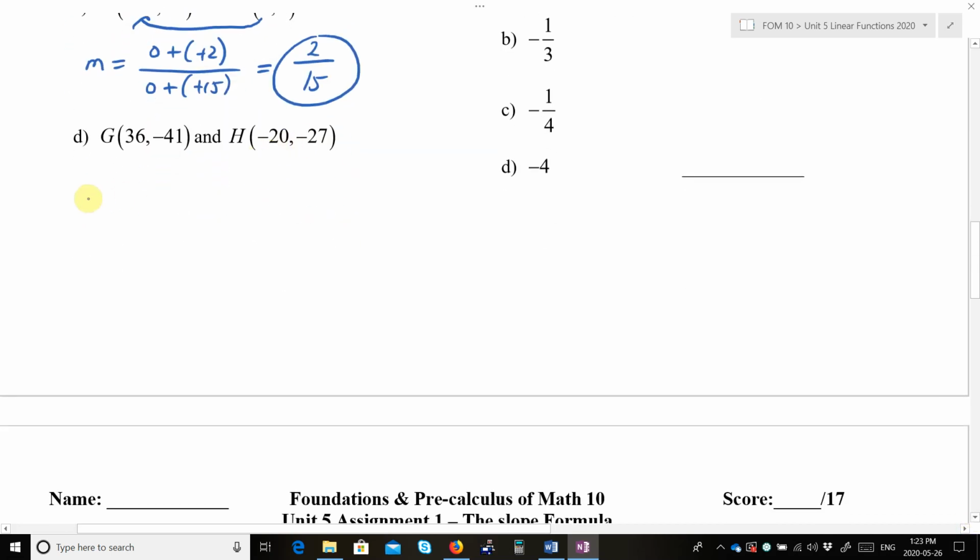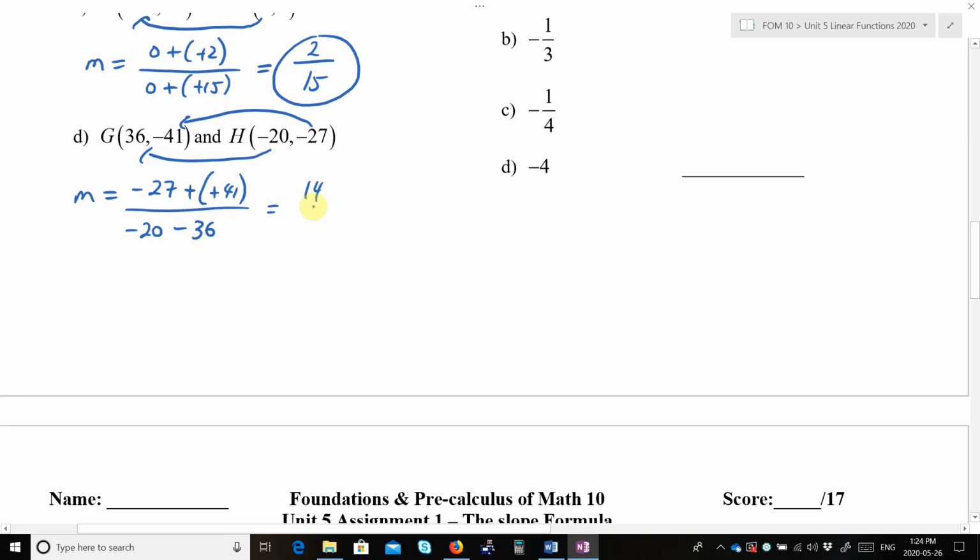In letter G, the slope is equal to y2 minus y1, negative 27 minus negative 41, divided by x2 minus x1, negative 20 minus 36. Go add the opposite. And what is that? 14.